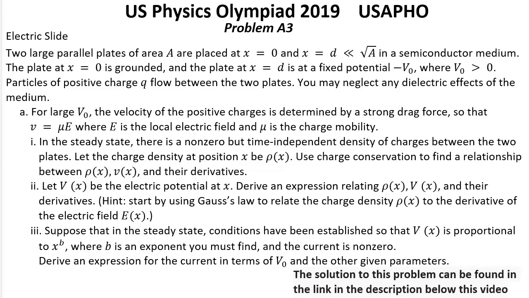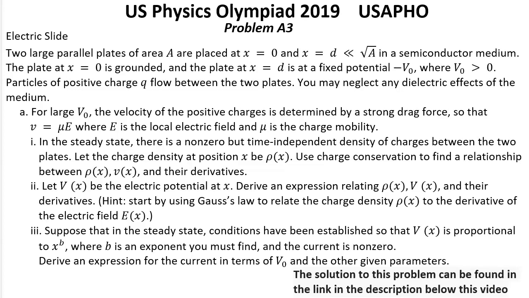Question 2. Let V of x be the electric potential at x. Derive an expression relating rho of x, V of x and their derivatives. Hint: start by using Gauss's law to relate the charge density rho of x to the derivative of the electric field E of x.